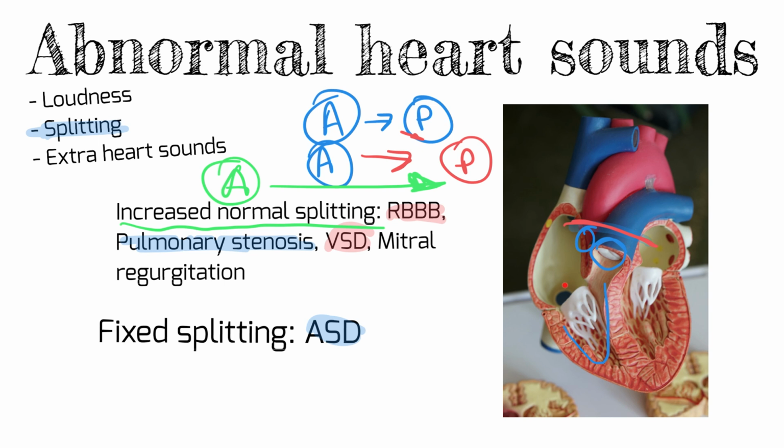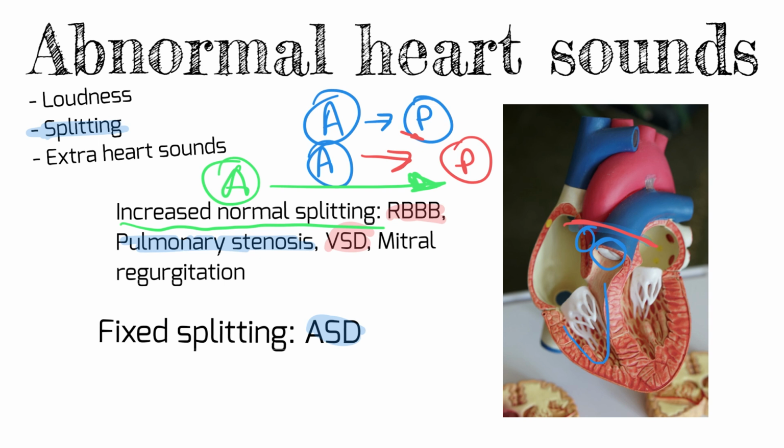It's not going to increase the flow to the right ventricle, because there's a connection between the atria. It's like it's one atrium now. So that's why you get this fixed splitting with ASD. You do tend to get the split, but it's not a split that's going to change with respiration, which is what separates this from this. The fixed splitting doesn't change with respiration, this one does.